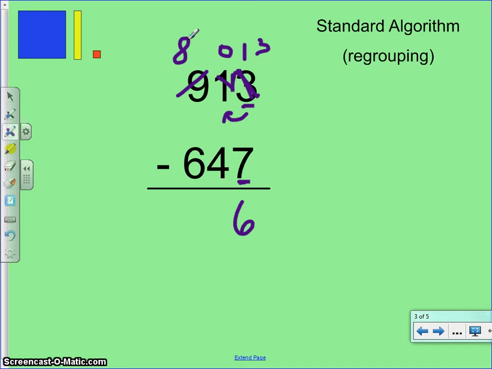And I regroup 100 back into my tens place, and I add 10 tens in there and it becomes 10 tens. So now I have 10 minus 4 is going to give me 6, and finally 800 minus 600 is 200. So I have 266.